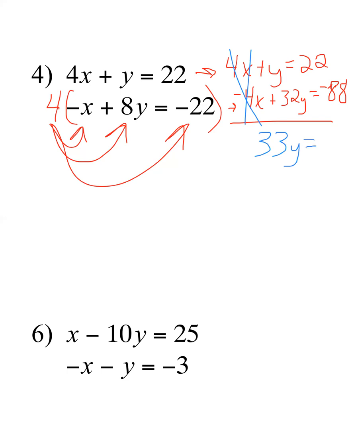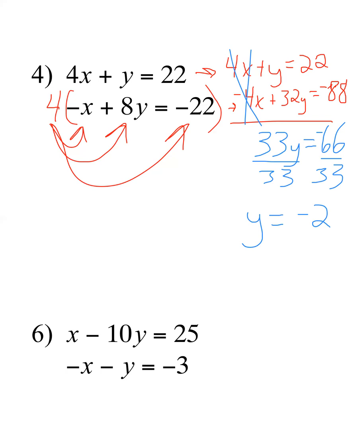And then 22 and negative 88 is now a negative 66. Okay, divide by 33. Negative 66 divided by a positive 33 is a negative 2.